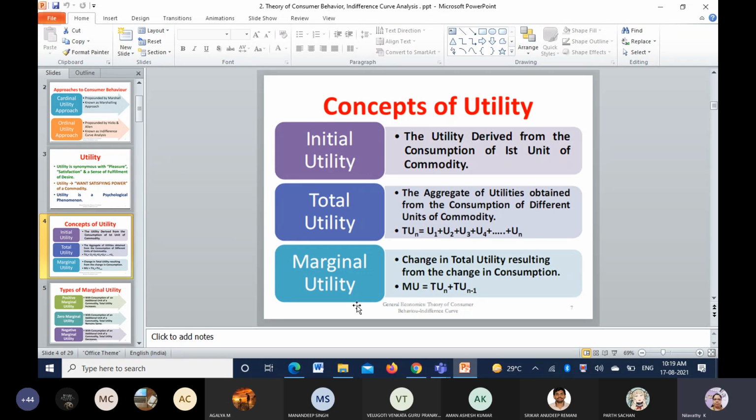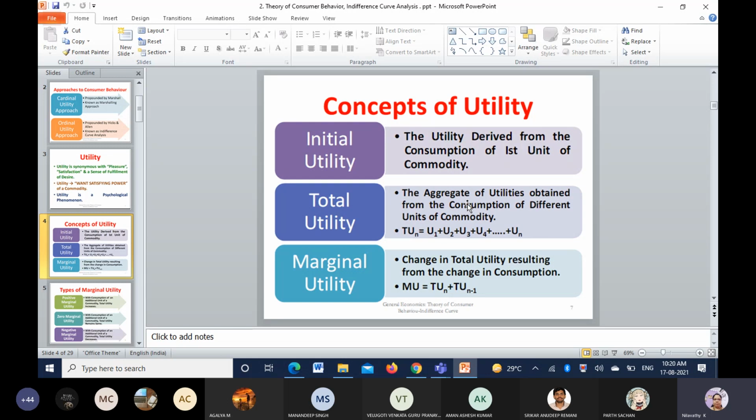Concept wise, there are initial utility, total utility, and marginal utility. Initial utility means when we are consuming the very first unit of a commodity or service, or the very first minute, 5 minutes or 1 hour of traveling.